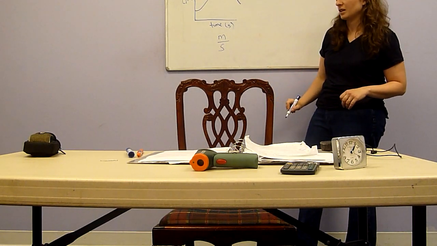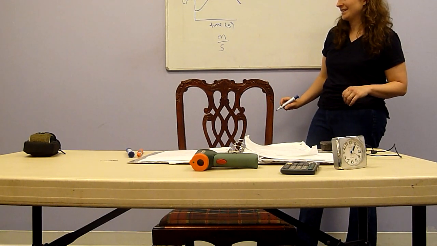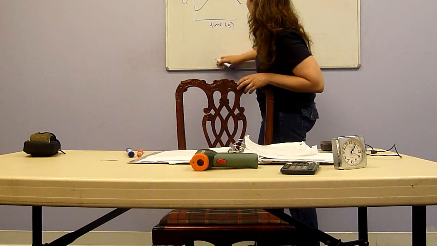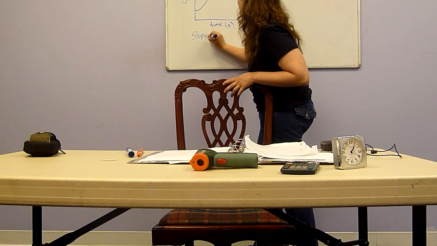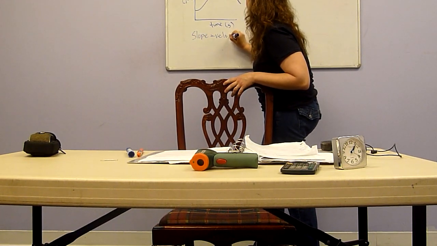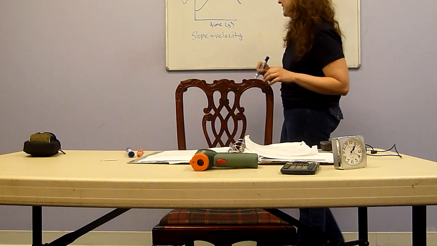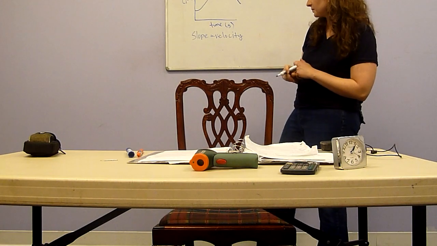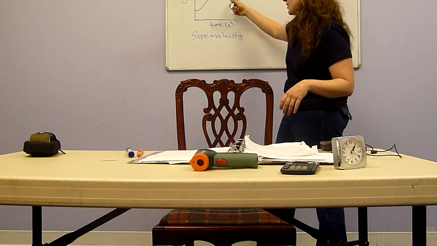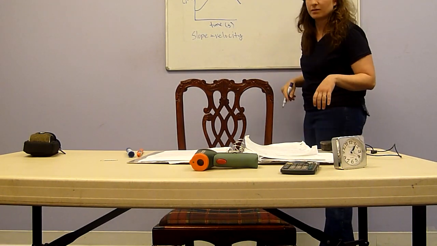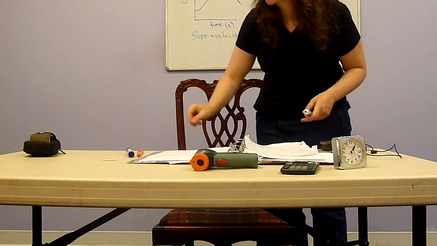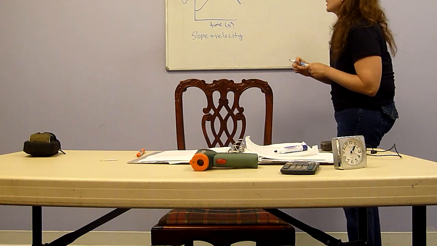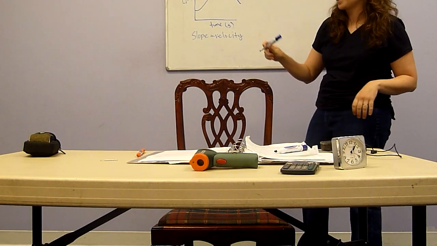Meters per second. Velocity. Okay, so the slope of a position versus time graph is velocity. The area under the curve, if you've taken calculus, is acceleration. But you don't need to worry about that.